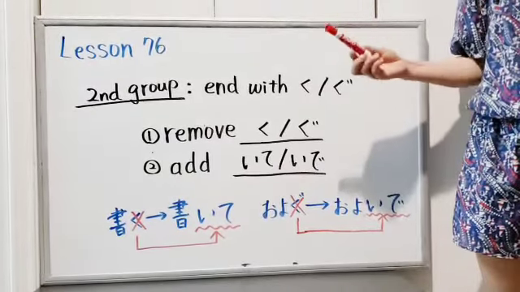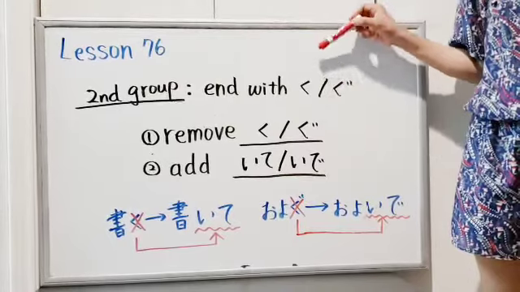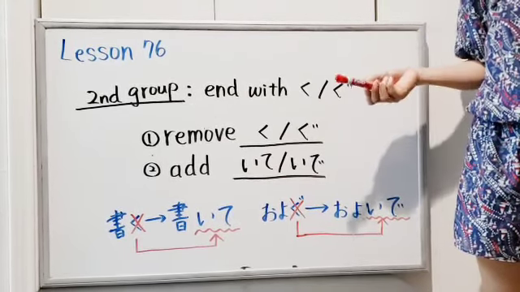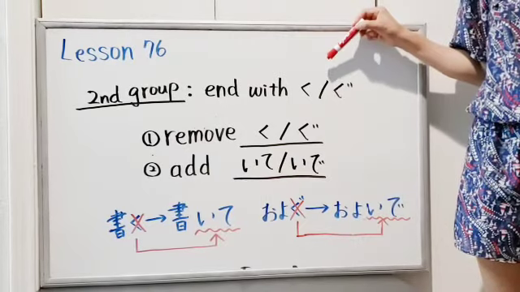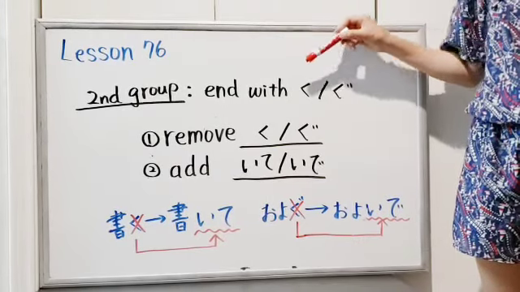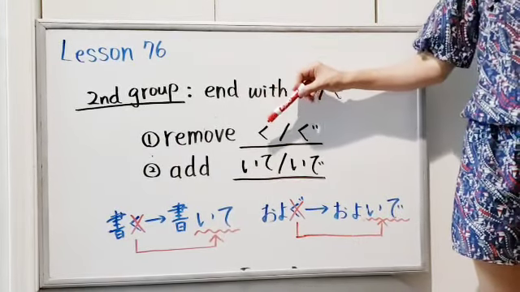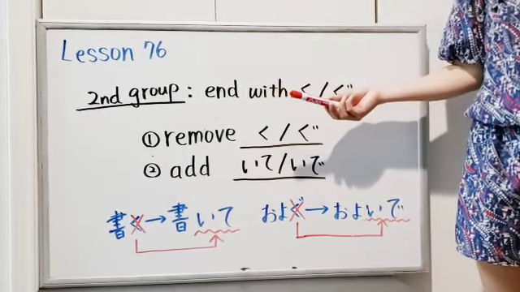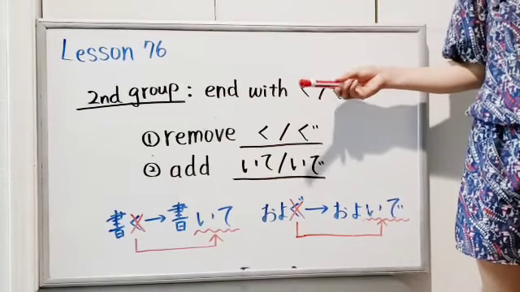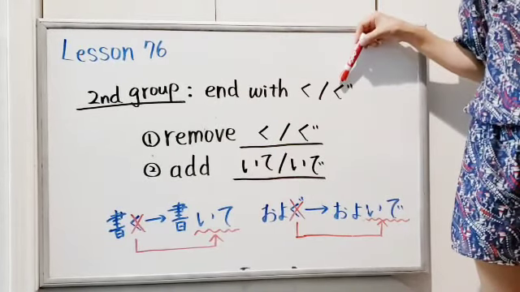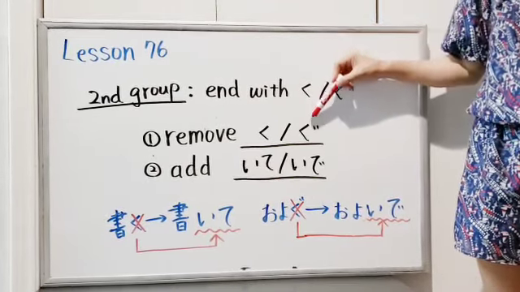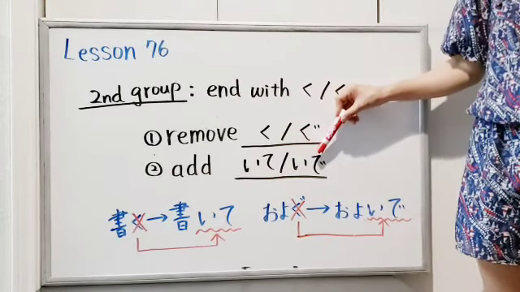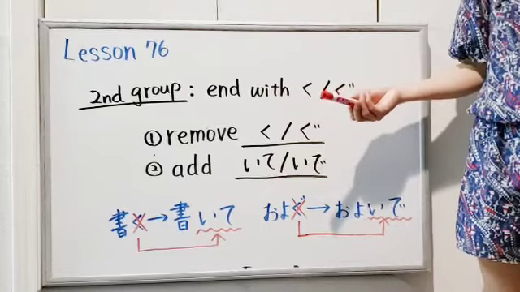The second group, u-verbs end with ku or gu. If u-verbs end with ku, you need to remove ku and add ite to make the te form. If u-verbs end with gu, you need to remove gu and add ide to make the te form.